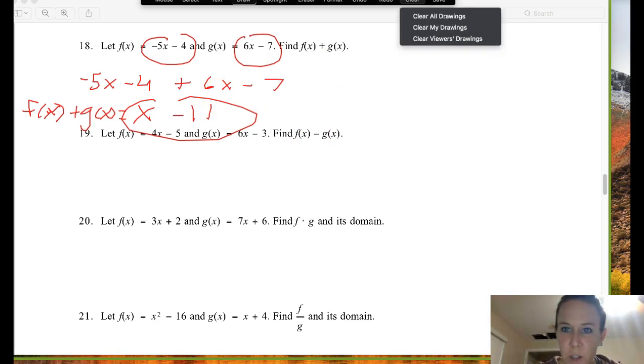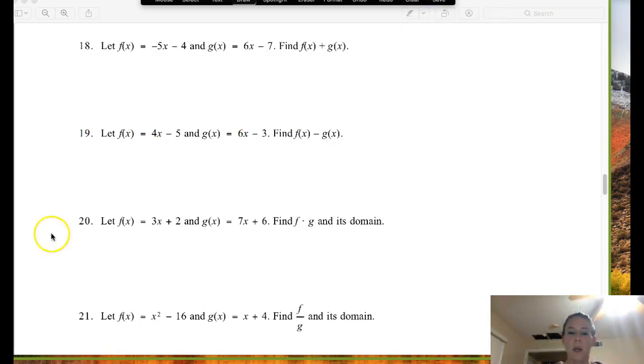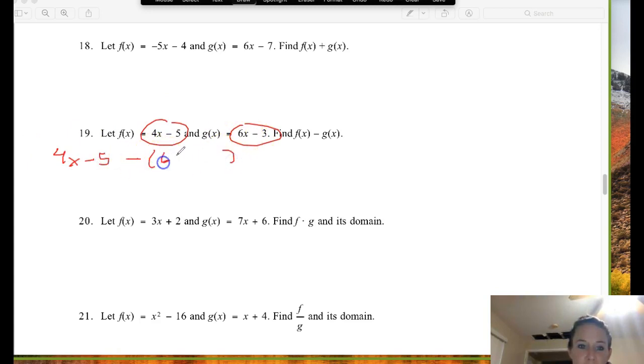Let's do some subtraction on the next one. We're just taking the f function and subtracting off the g function. So I'm going to go 4x minus 5, and I'm going to subtract. Careful, I'm subtracting the whole thing. This is where the mistakes happen. You guys just subtract the 6 and you forget to distribute the -3. I said you guys, but some people forget. Not everyone. Okay, so let's go ahead and distribute.